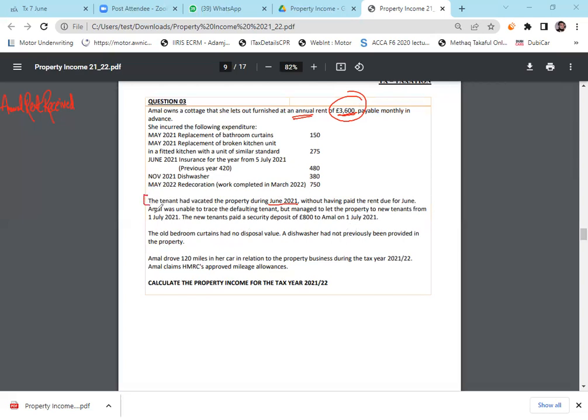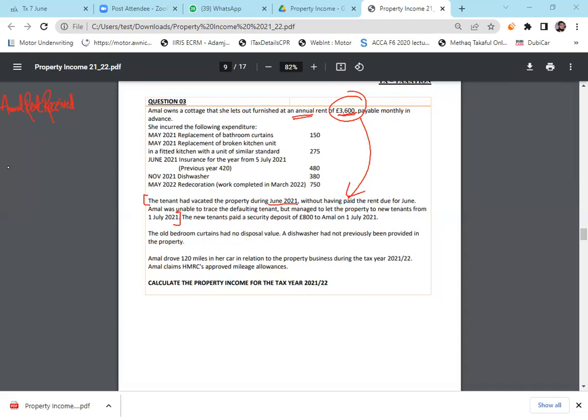Just read this line. The tenant had vacated the property in June and didn't pay the rent for the month of June, and we found another tenant who starts from July. With reading this line, did he get the whole 3,600 or did he lose one month's rent?